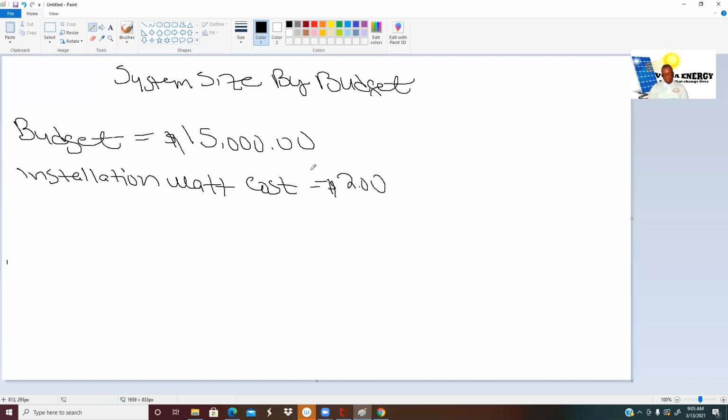For Nigeria, we already have the kilowatts hour year. So that's what we're going to do. Now we're going to say 15 grand divided by, also do a division sign.